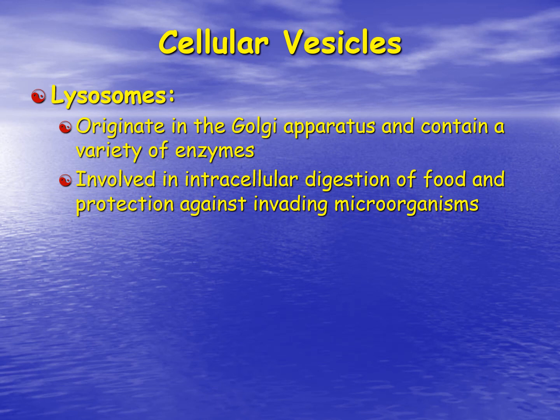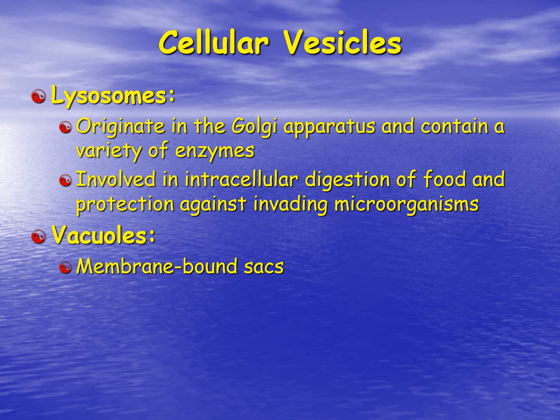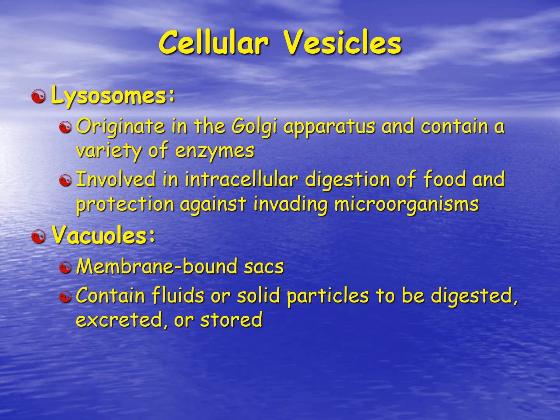The lysosomes are primarily involved in intracellular digestion of food, and the digestion of invading microorganisms. Vacuoles are simply membrane-bound storage sacs, and these can store a variety of products. They can contain fluids or solid particles that are to be digested, excreted, or stored within the cytoplasm.